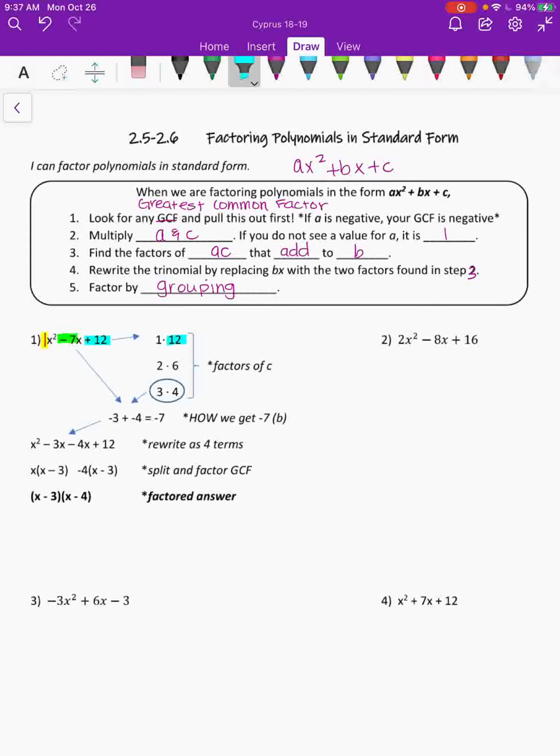We have C, which is 12, times A, which was 1. So we have multiplied 1 times 12, which gives us 12, which is the same as C. Because if A is 1, then we're really just dealing with that last number, C.